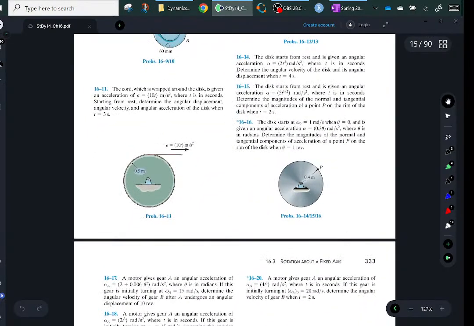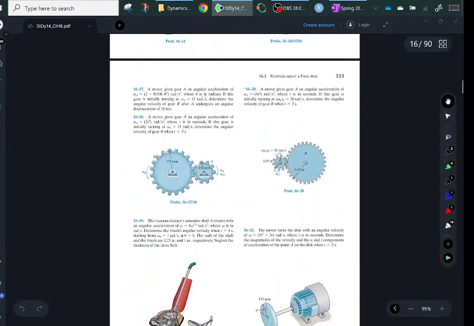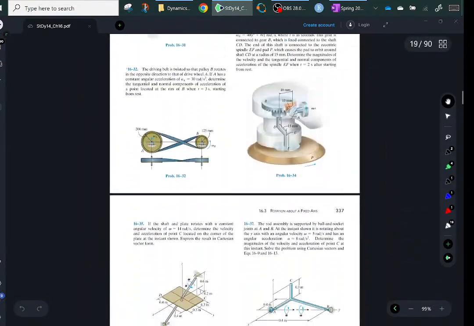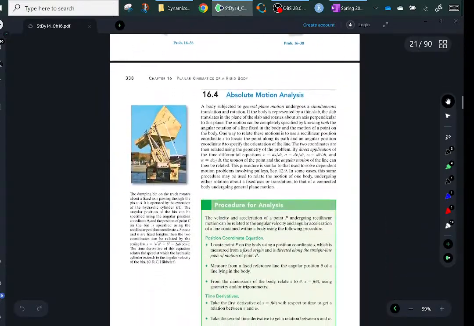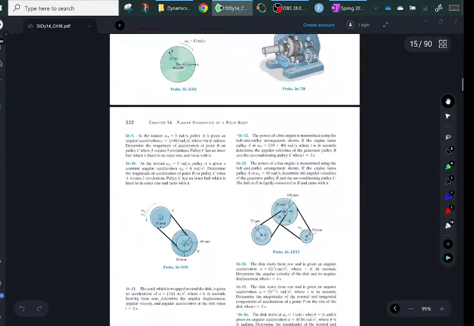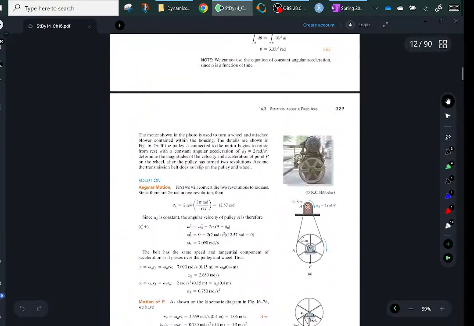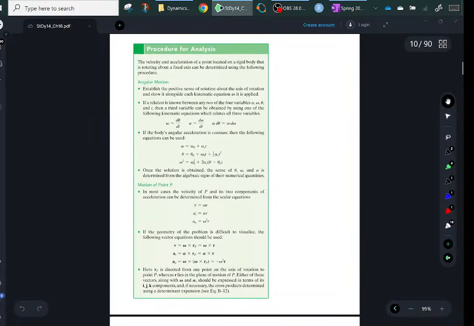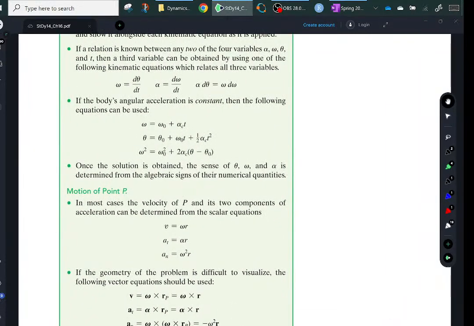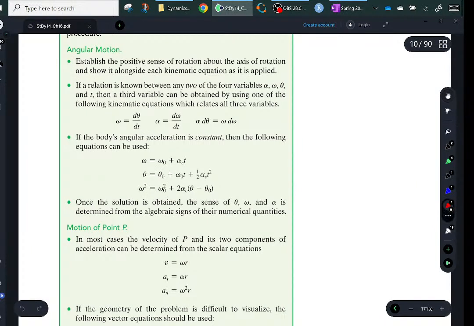I think I've assigned a couple of those, but those are based primarily on the concept that, here, I'll go back. This is based on a concept that we did before, where you had velocity equal to ds/dt, and acceleration, which is dv/dt.